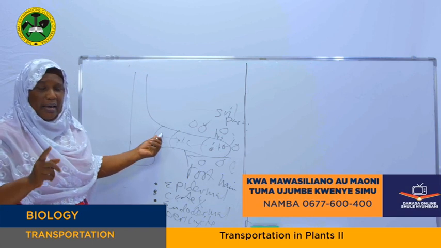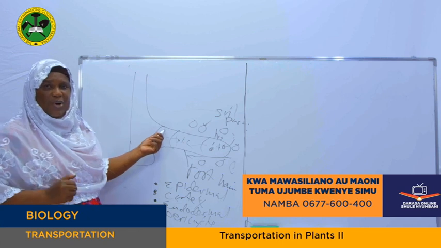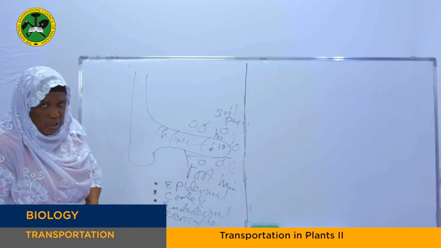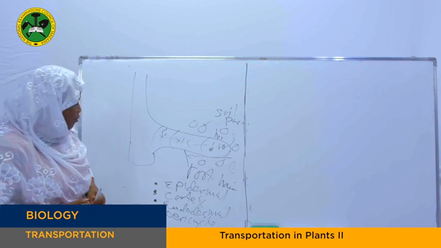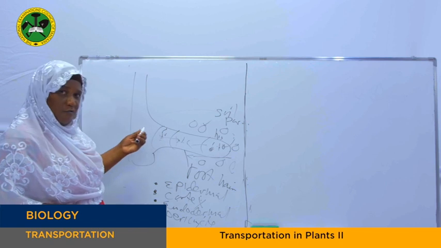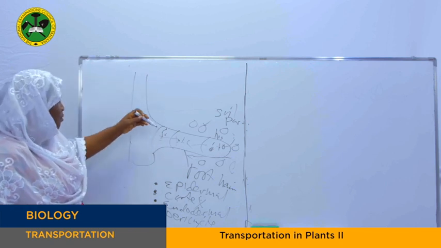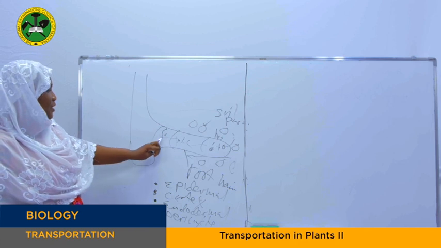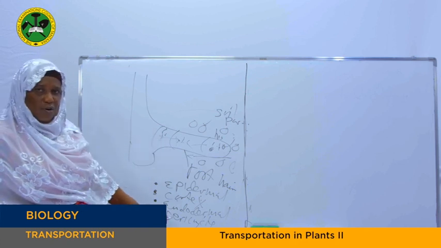Diluted, and high water potential is created. The solute potential becomes what? Low. Due to that, materials will move from here, from endodermal cells to the pericycle.